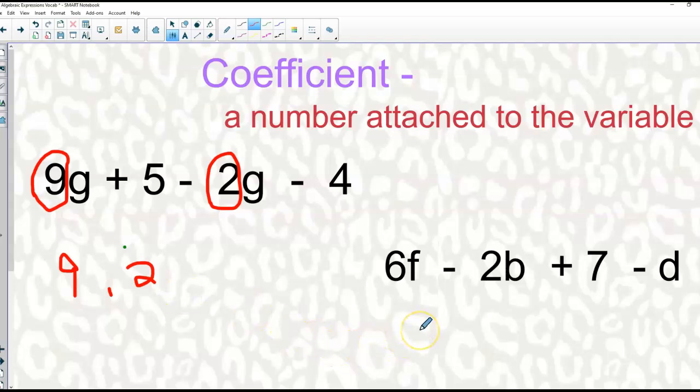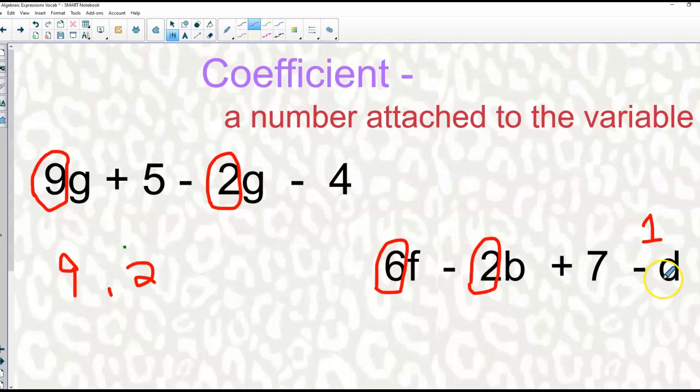Okay, let's look at this one. Well, this has a number in front of the variable, so 6 would be a coefficient. This has a number in front of the variable, so 2 would be a coefficient. And this has a letter. There's no number in front of it, but it is understood that if there's no number there, it's like you have a 1 in front of it.